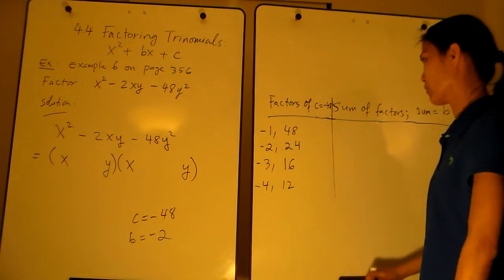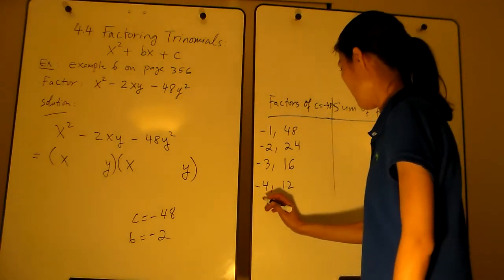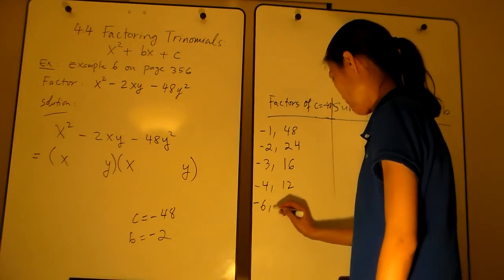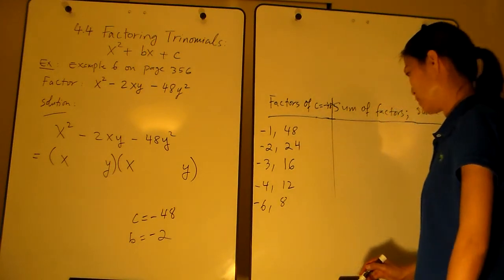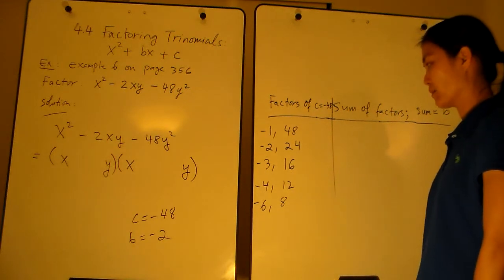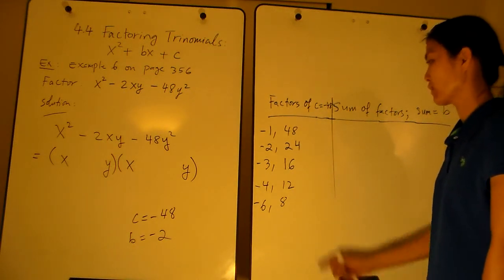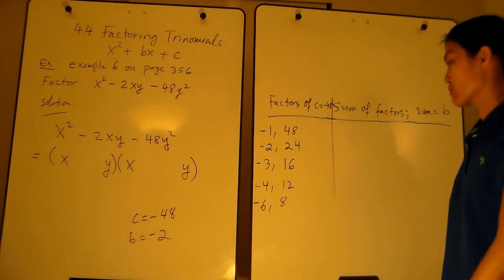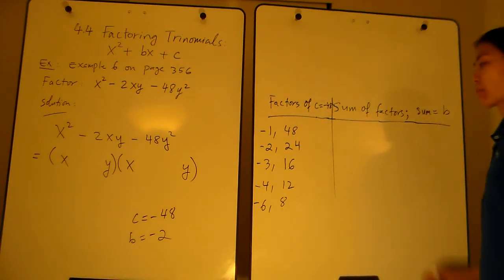How about 5? No. 6? Yes, 6 times 8. 7? No. 8? We already include 8 here. 9? No. That's all you have: 1, 2, 3, 4, 5. 5 forms of factoring.